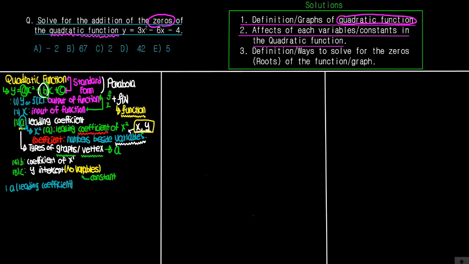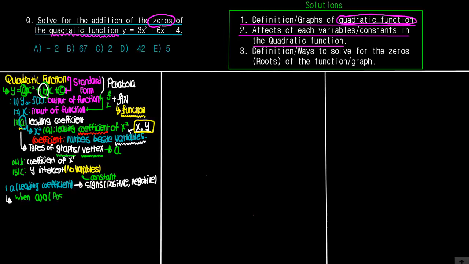And the cases of our vertex will be defined by its sign, and obviously there will be two cases: whether it becomes a positive value or a negative value. The first case will be when the a value, our leading coefficient, is greater than 0.